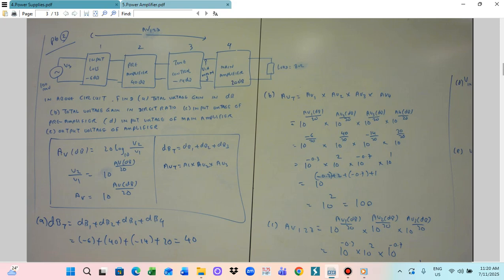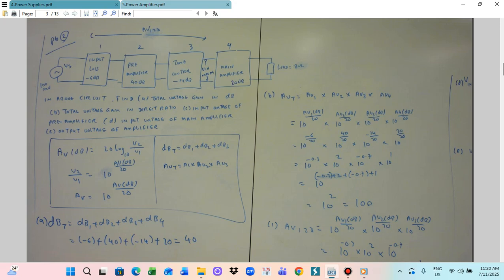And for the direct gain, you have to multiply. So AV total is equal to AV1 multiply AV2 multiply AV3 multiply AV4.